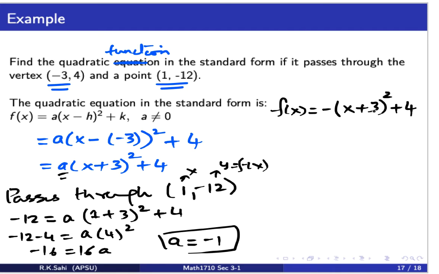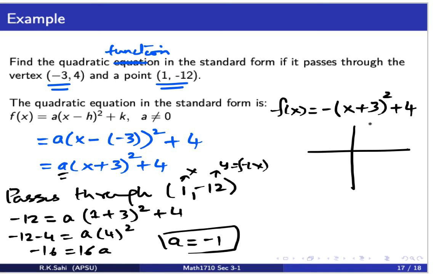Notice, just a little more practice here. Minus means the graph has been flipped upside down, it's a downward parabola. Positive 3 means you're moving to the left by 3 units. Positive 4 means moving up. So how would the graph look?